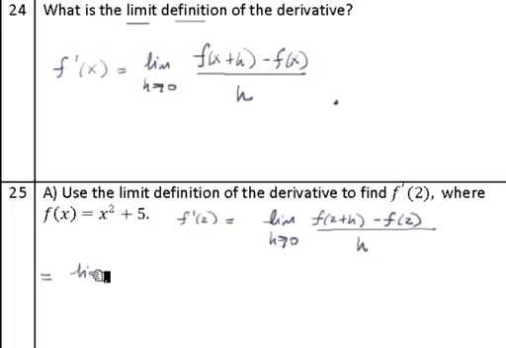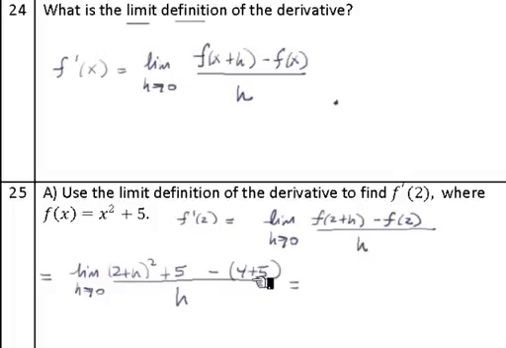That's equal to the limit as h goes to 0. All right, we're substituting in 2 plus h right here into this function. So that would be 2 plus h squared plus 5 minus f of 2, substitute into here, minus 4 plus 5. 2 squared plus 5, that's just 9, over h.